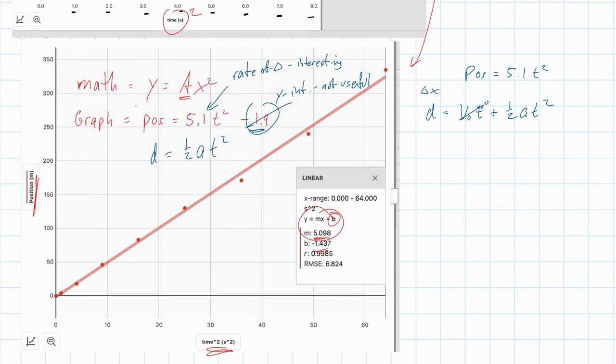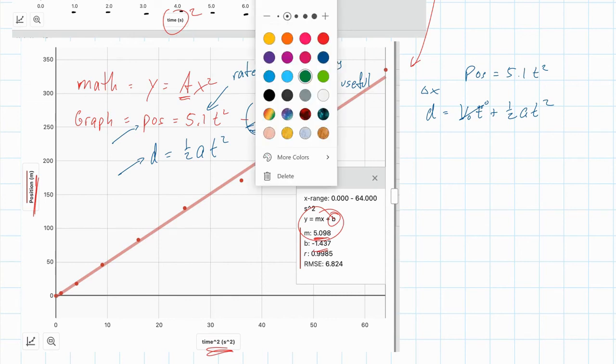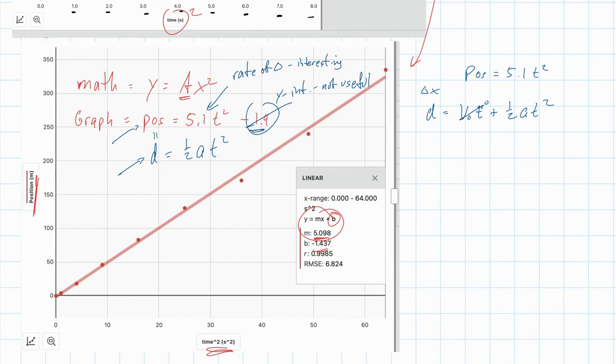Now, these two equations are basically the same equation. They are saying exactly the same thing. Our experimental data is described by this equation. The theory is that it should behave according to this equation. And they are the same equation, where position equals d, the displacement, of course, and t squared equals t squared.